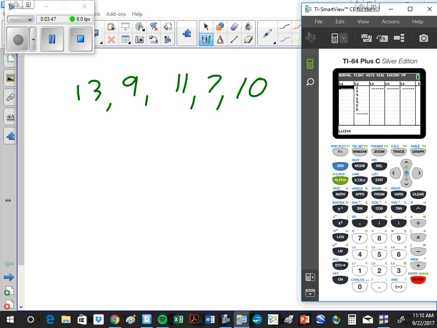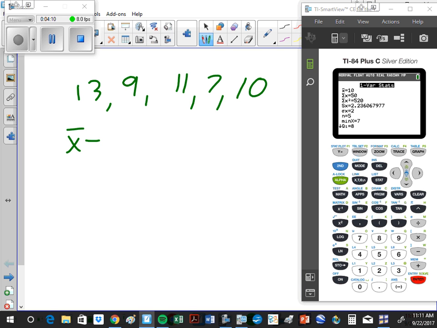So just enter all those. Okay. And how do I find the average and the SD? Go into stat, calc, one variable stat. So I get X bar is 10 and my sigma is 2. Everybody understand how I got those?